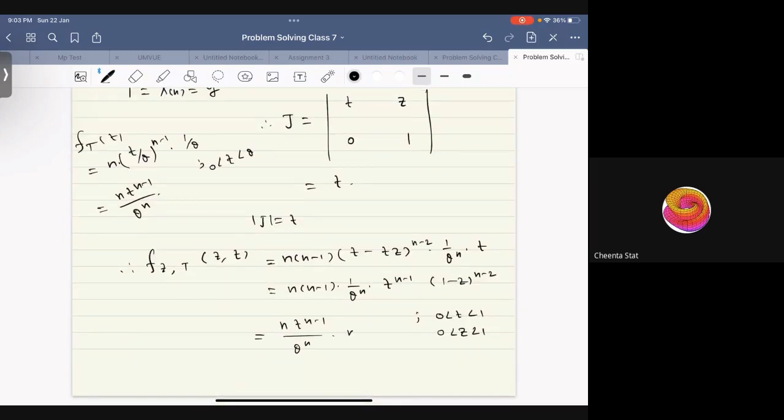So you can see that n minus 1, 1 minus z whole to the power n minus 2. Got the idea? It is beta first kind 1 comma n minus 1. Got it? The idea, and they are independent.